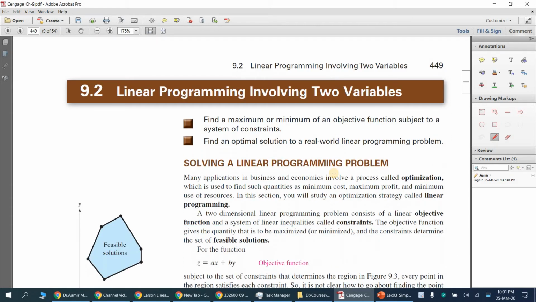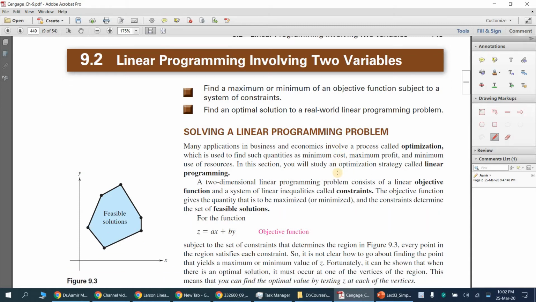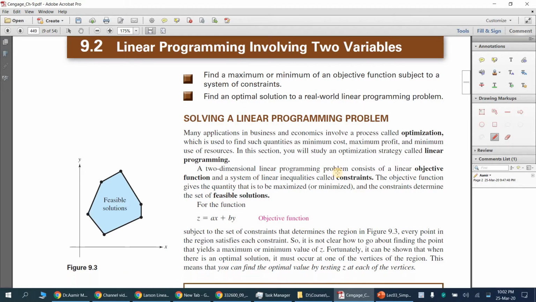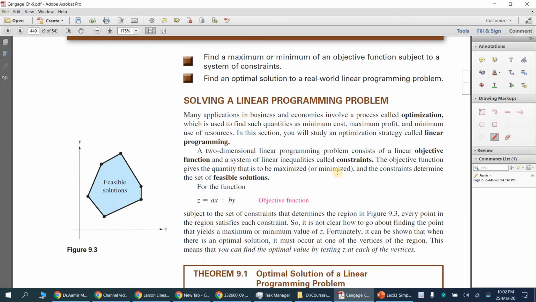Then comes the linear programming part. Till now we saw initially how to graph them. Now the second part that comes is when you have 2 variables, how to deal with the equations. When you want to solve a linear programming problem, we normally call this process optimization.